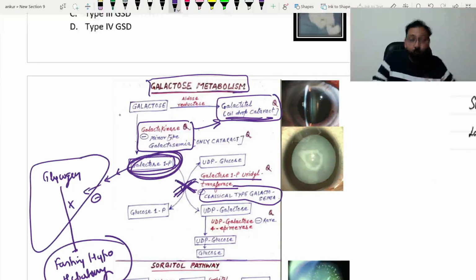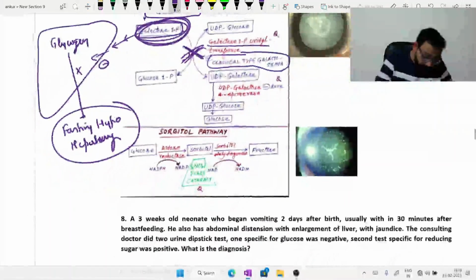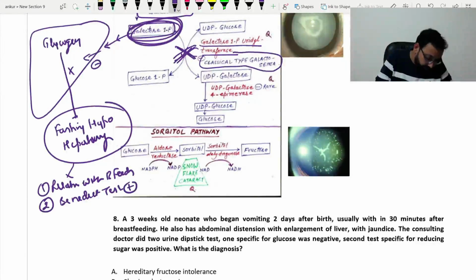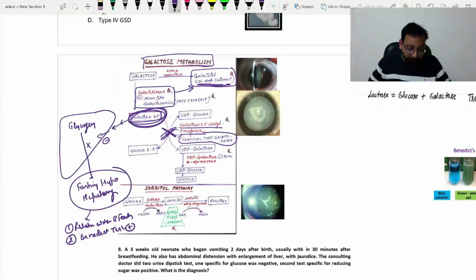Second, galactose is very high and will come in urine, and urine galactose will give a positive Benedict test. So relation with breastfeeding, one point. Second, Benedict test positive. Got the point? So this is galactosemia.